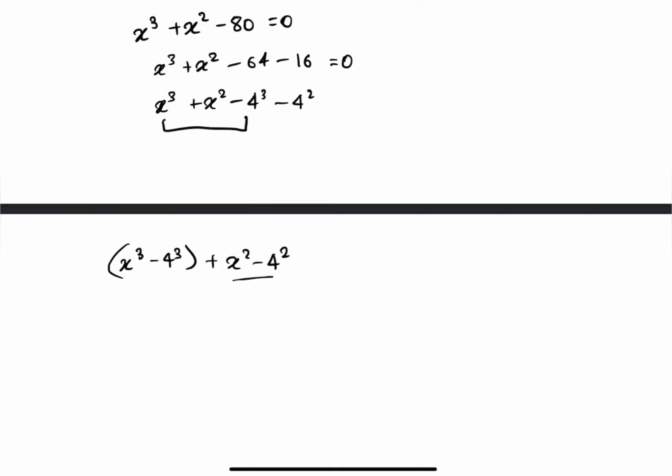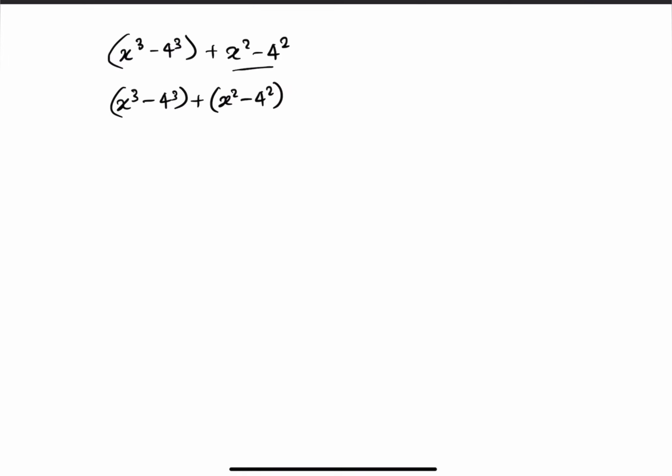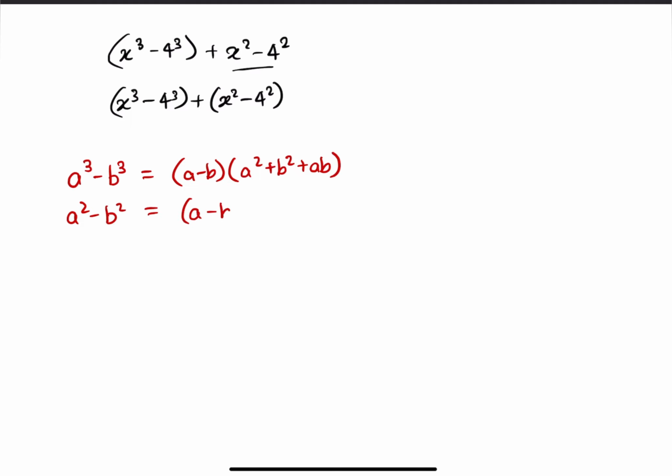Now, if you've seen my previous videos, then you would know that a cubed minus b cubed is the same thing as a minus b times a squared plus b squared plus ab. And a squared minus b squared is the same thing as a minus b times a plus b.